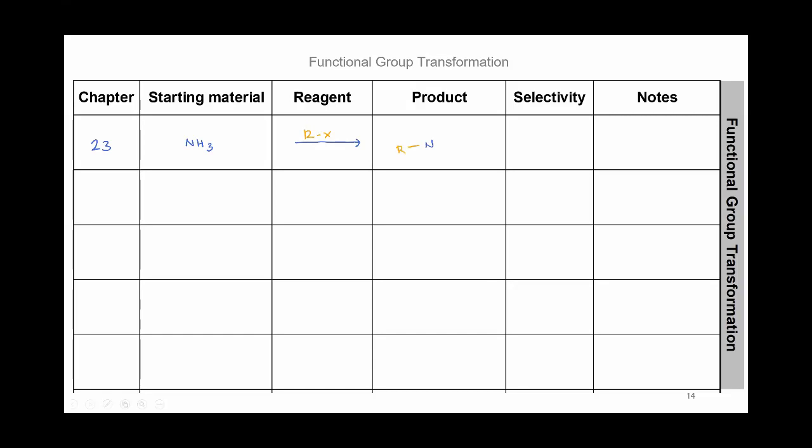And then if you remember, every time you add an alkyl group to a nitrogen, that makes it more basic. So that's going to keep reacting until you've added as many R groups as you can add. So you're going to end up with this ammonium salt with the halogen as the counter ion. So ammonia plus an alkyl halide is going to alkylate as many times as possible.